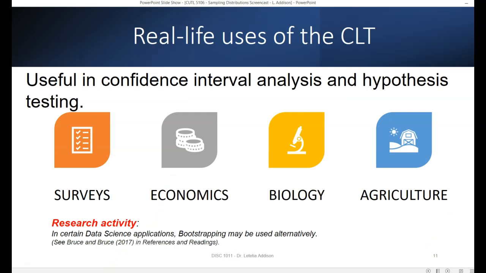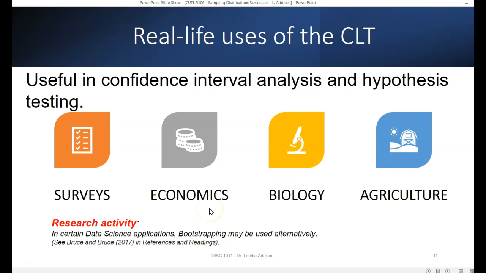Moving right along, we want to think about what the real-life uses of the central limit theorem are. Here are some for you to research further. The central limit theorem is very useful in confidence interval analyses and hypothesis testing. We see it come into play in surveys in terms of the sample size taken, also in economic applications, biological procedures, and agriculture.